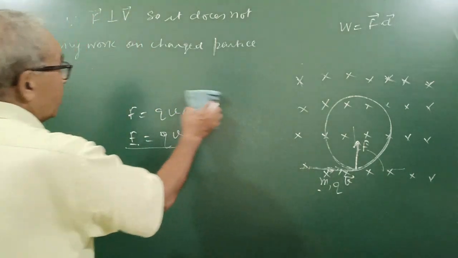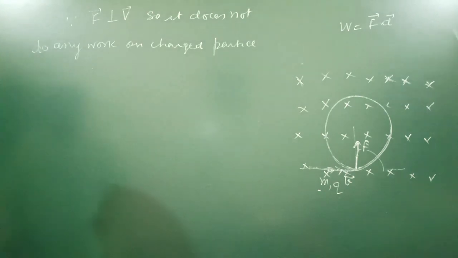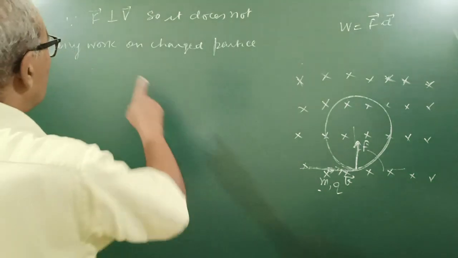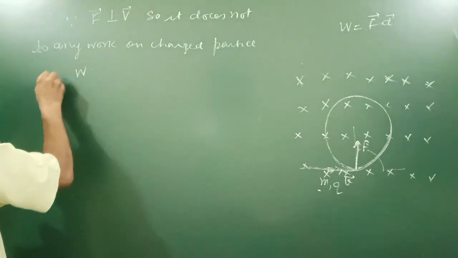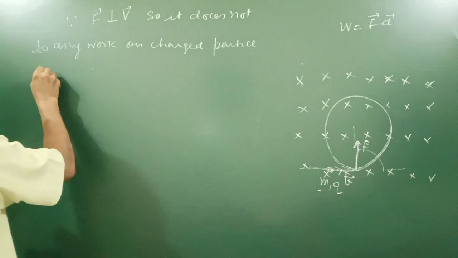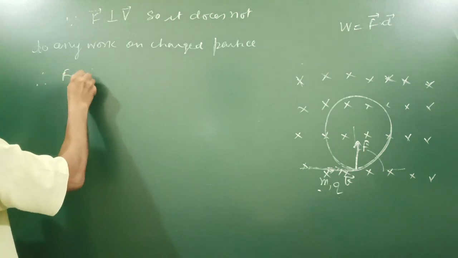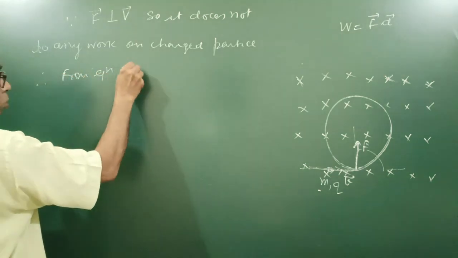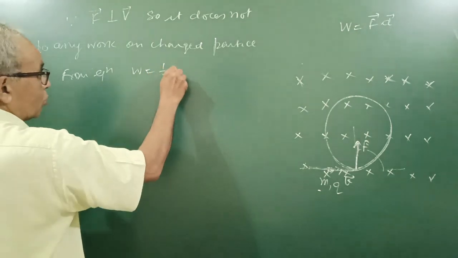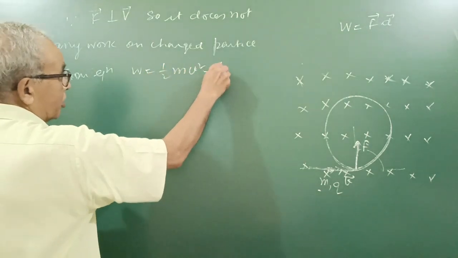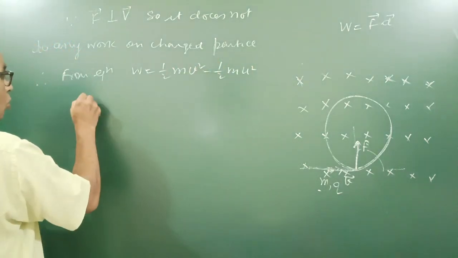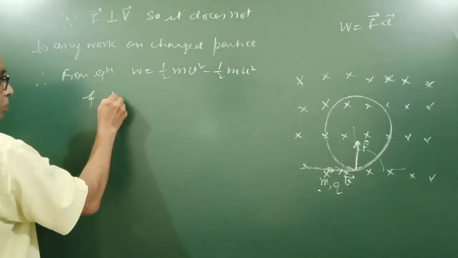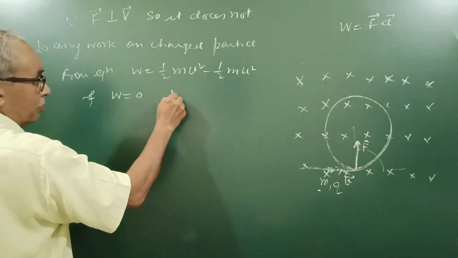The force does not do any work on charged particles, and therefore from the equation W is equal to half mv squared minus half mu squared, if W is equal to 0, v is equal to u.